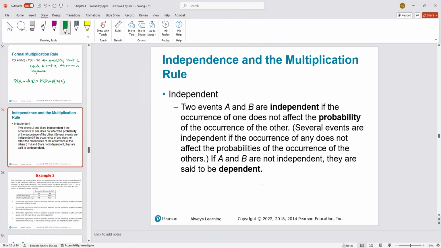Independency and the multiplication rule. Two events A and B are independent if the occurrence of one does not affect the other one.